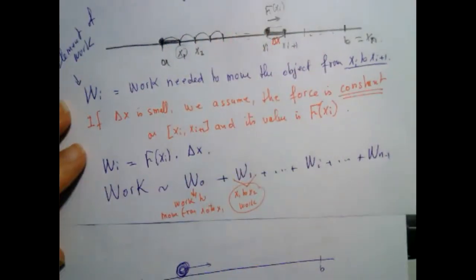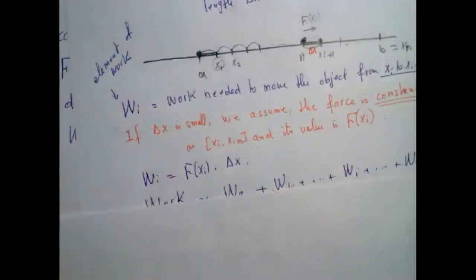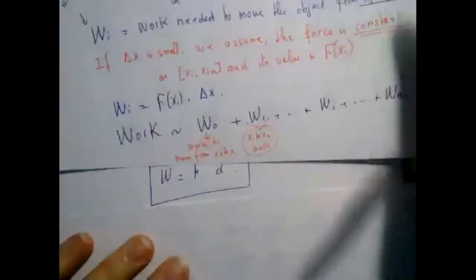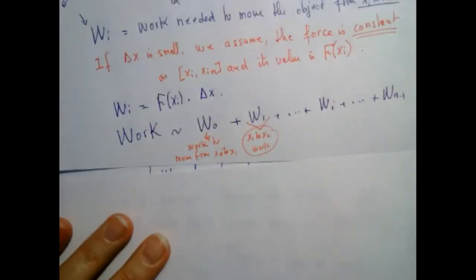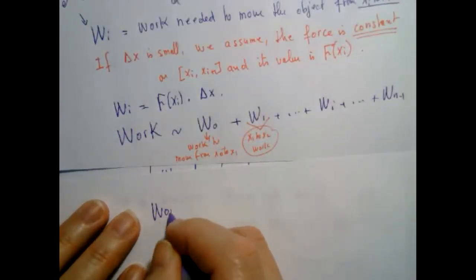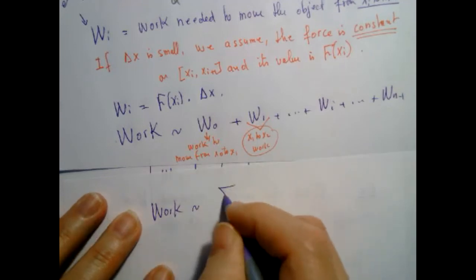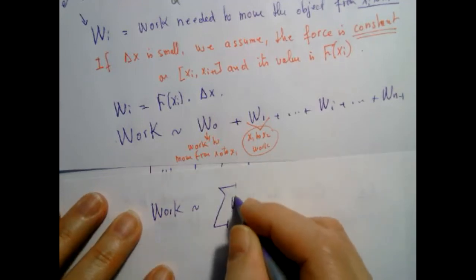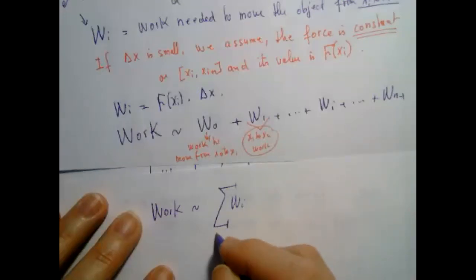So this is going to be equal to, and this is where my Riemann sum will famously come, the work going to be equal to sigma of those little work done on every piece by itself.